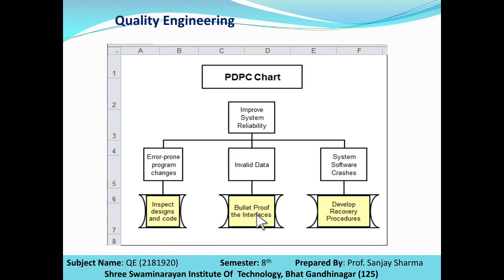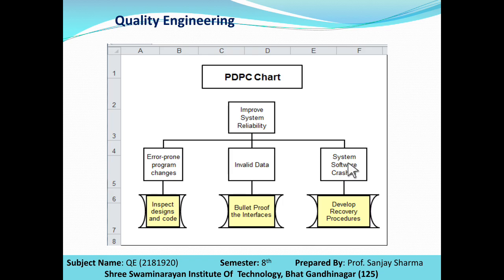In order to stop the invalid data, we have to bulletproof the interfaces. Whatever interfacing is being taken, it should not allow the invalid data to go through. And for system software crashes, develop recovery procedures.